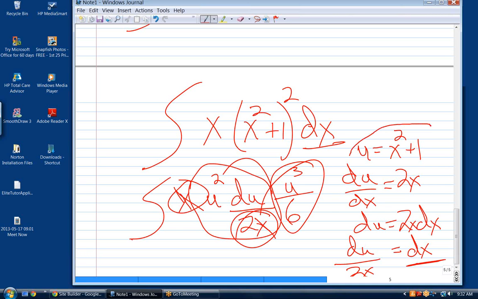In other words, we solved for dx by going through this differentiation here. So we need that 2x under there. It's just that the x part of it is going to get canceled out by the x that was in our numerator. So this is really no different than recognizing the f of g of x, g prime of x situation.